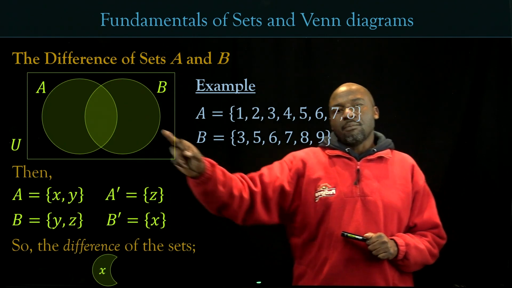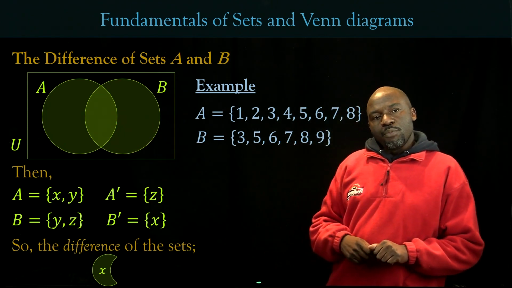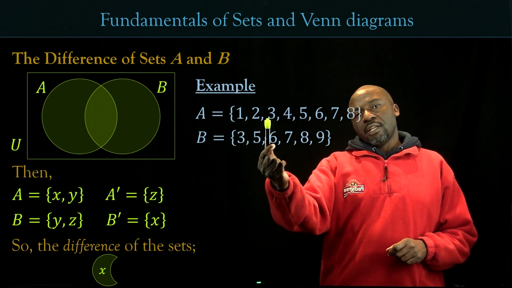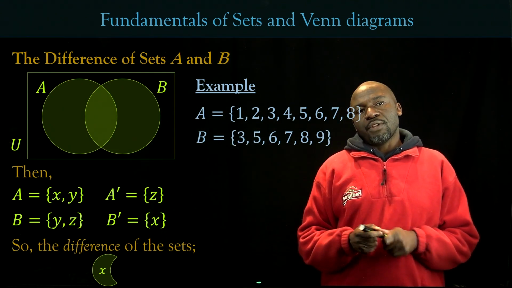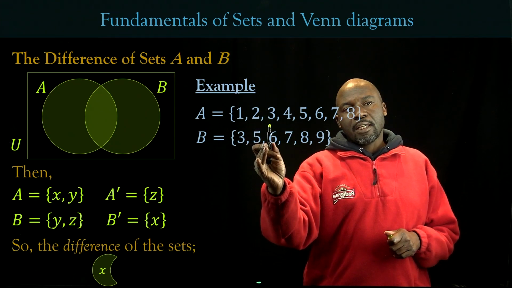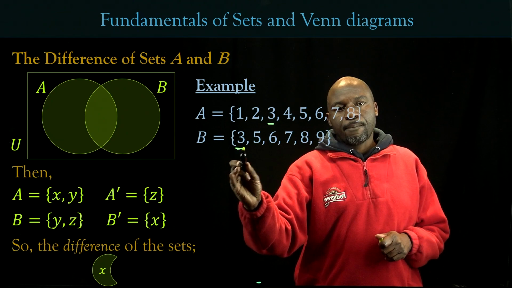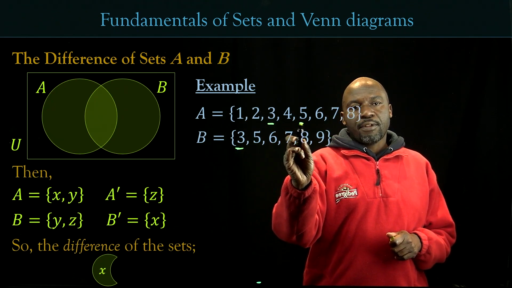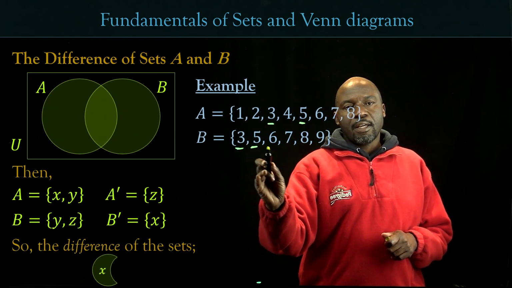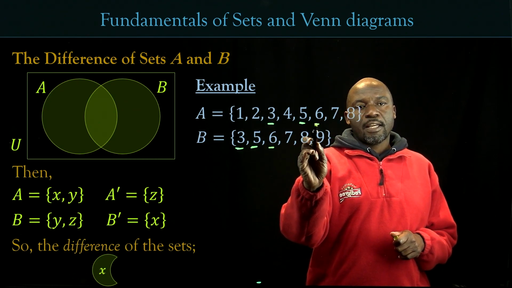So elements that are in both A and B would be, if you look carefully, 3 is here and there. So 3 is one of them. We see 3 here and 3 here. We see there is a 5 there and there is a 5 here. There is a 6 and there is a 6 there.